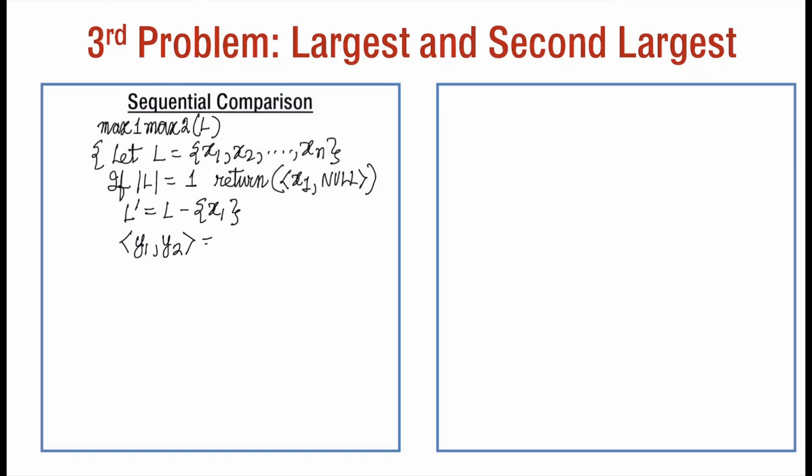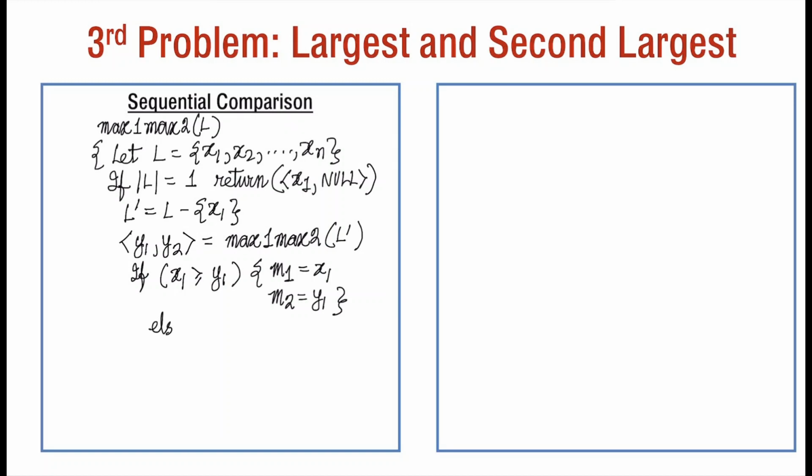We are following almost the same principles that we had done to do max and min, only the comparison will be a little different after it returns from the recursion. So now when it returns from the recursion, all we have to do is compare x1 with y1, y2 and come up with the result. So what we have is, if x1 is greater than or equal to y1, then we have m1 equal to x1 and m2 equal to y1.